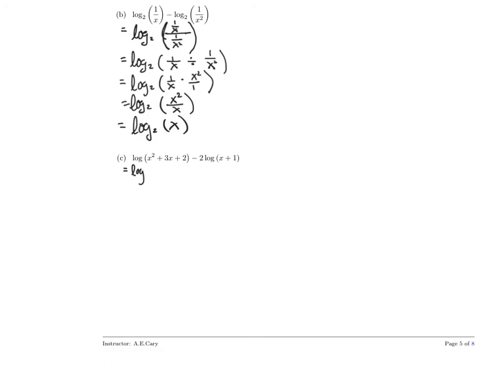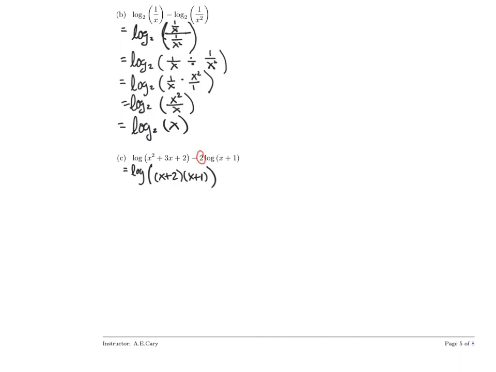So this will be log, let's see, I'm looking for two numbers that multiply to 2 and add to 3. So it's going to be x plus 2 and x plus 1. Notice I'm using that double parentheses there. And then for my next piece here, the reason I didn't divide the insides right away is because of this 2. I need to bring this 2 to be part of the log.